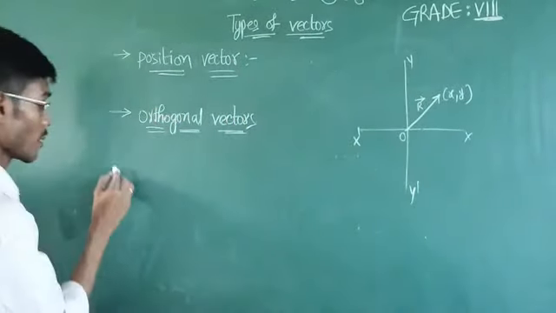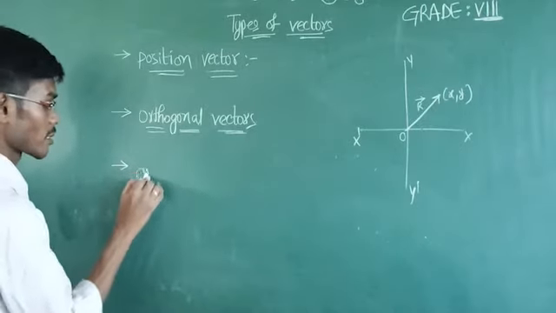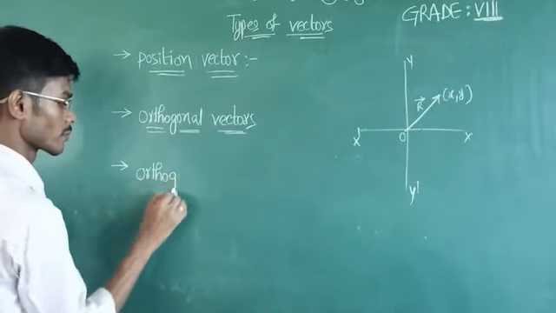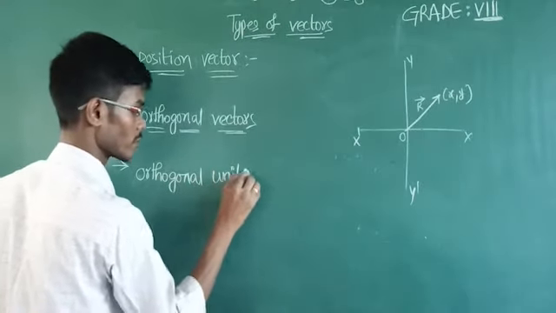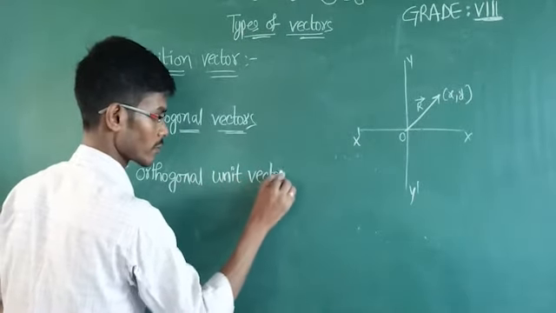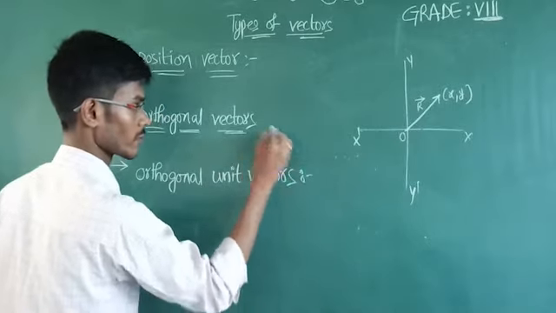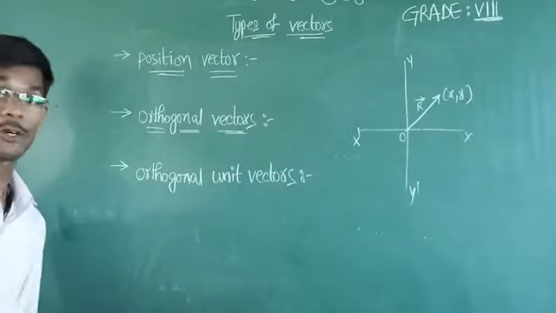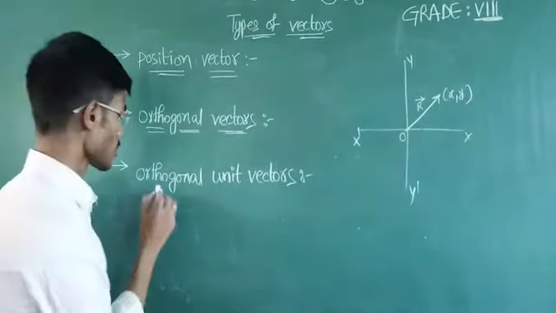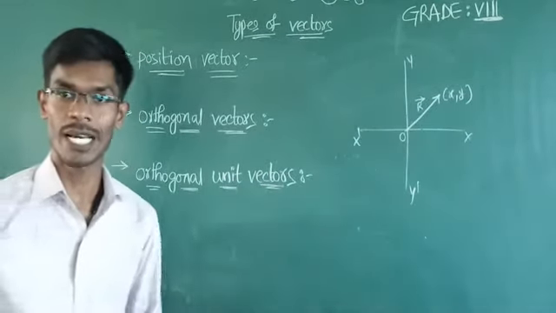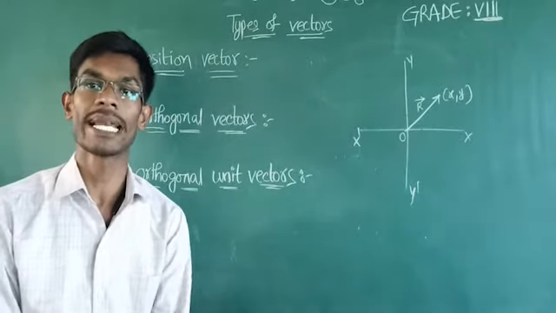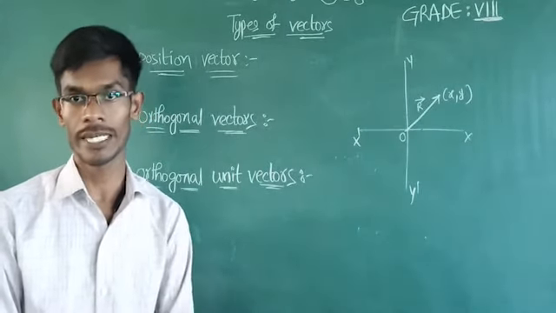Then next one, orthogonal unit vectors. As we have seen, unit vectors are used to represent the direction along a vector.